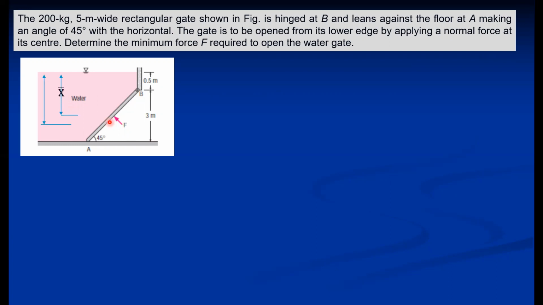And this is h bar. X bar is the distance of CG from the free liquid surface, and h bar is the distance of CP from the free liquid surface. Now again, this is an inclined plane surface, so use the expression F is equal to gamma A x bar.